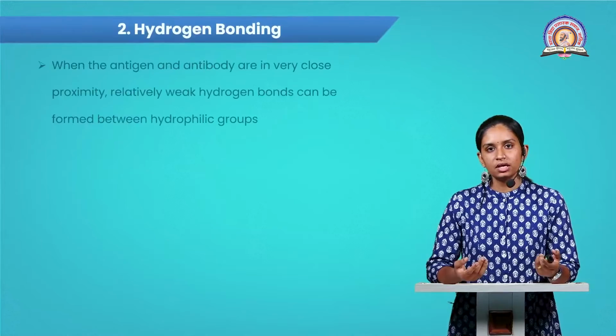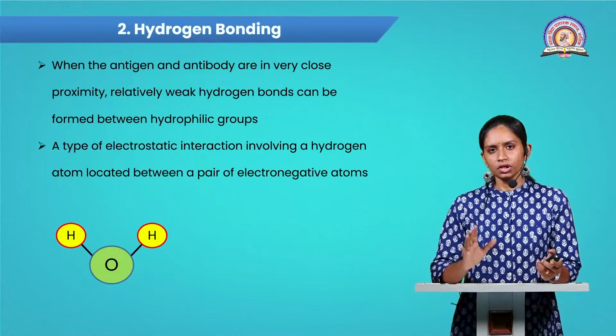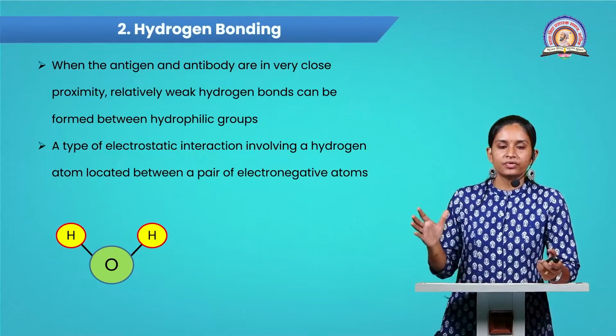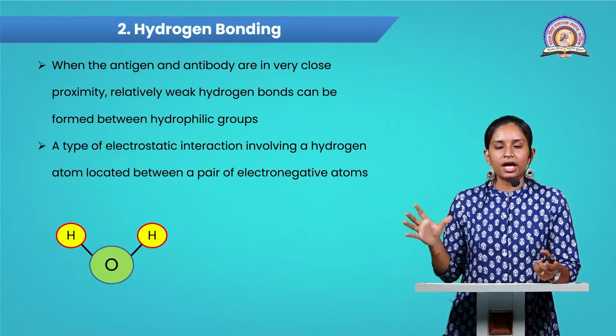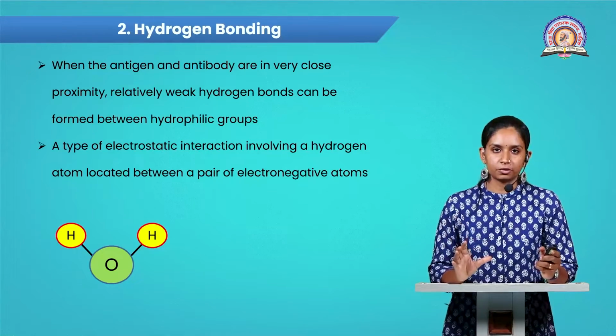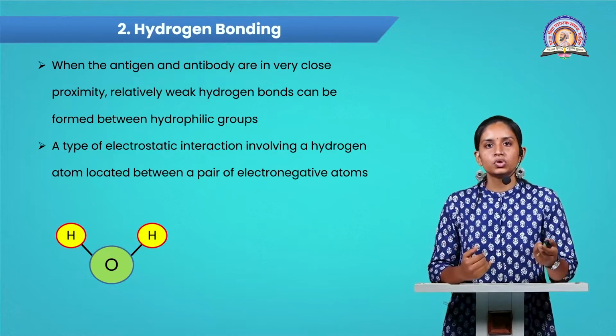Then the second type of interaction which is present is the hydrogen bonding. What do you mean by hydrogen bonding? If you see this water molecule, you can see there is an oxygen atom present, and to that hydrogen is attached. Now oxygen is an electronegative atom, that means it has a tendency to attract the shared pair of electrons towards itself.